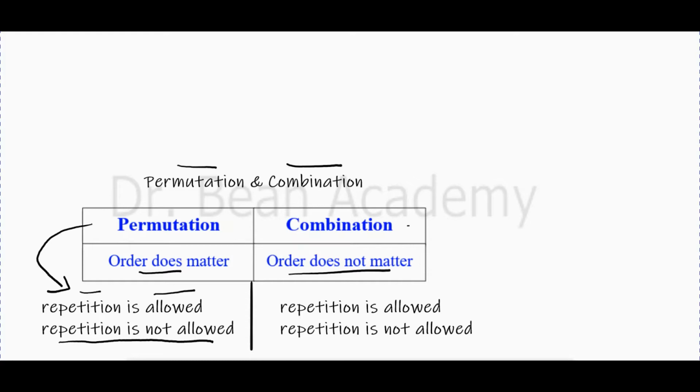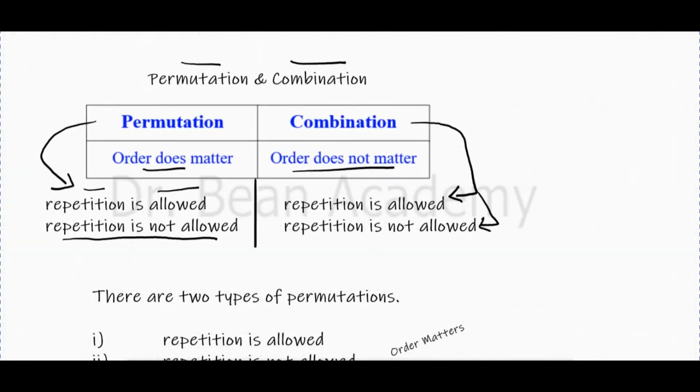Similarly, for the combination, we will have two types of combinations, the one in which repetition is allowed and the other in which repetition is not allowed, because the relevant formulas will be different for each type. If repetition is allowed or not allowed, the number of arrangements will be different, so the relevant formulas will also be different.